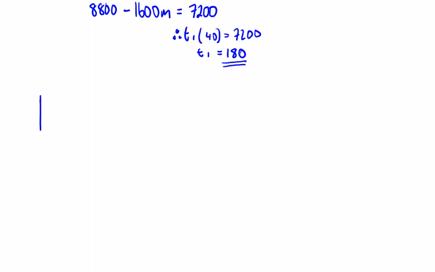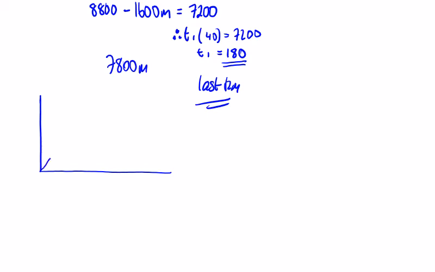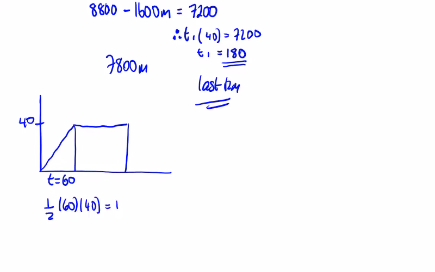let's draw a graph for this. So what's happening? The last kilometer, there's something happening here. So let's look at the first 7,800 meters first. Accelerate, max speed. So the area of this one stays at 40. We know t is equal to 60 here, and half of 60 by 40 is again going to be your 1200 from up above.